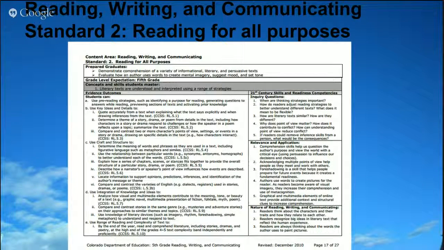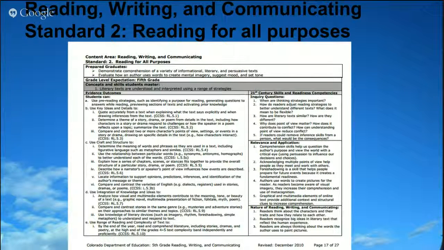Students must be able to comprehend and understand all different kinds of literature, whether informational, nonfiction, literary, fiction, persuasive text, poetry, whatever it might be. And this standard is that they can use multiple strategies to explain the text that they are reading.